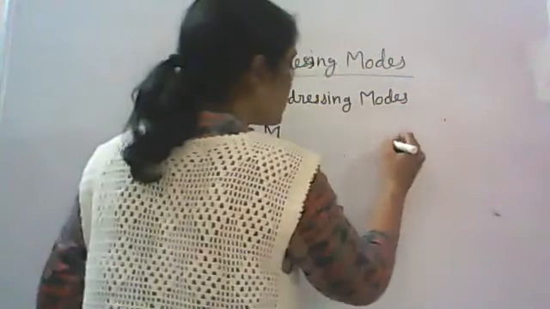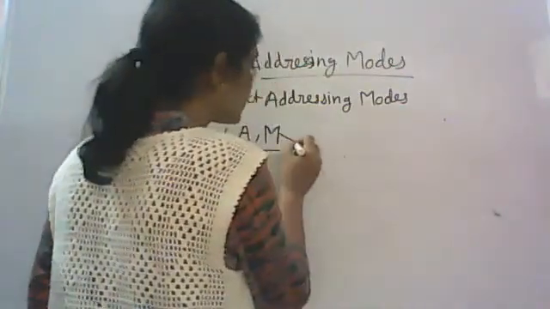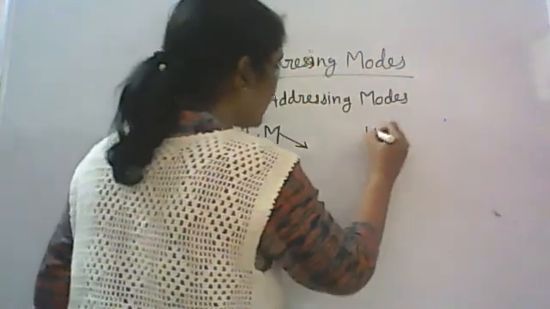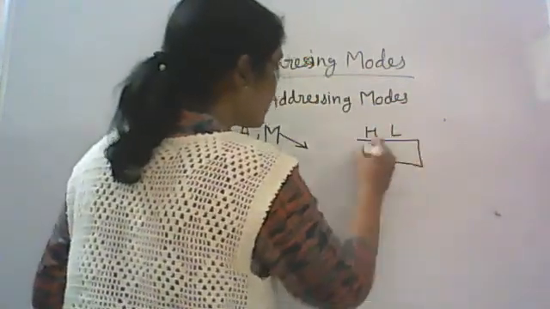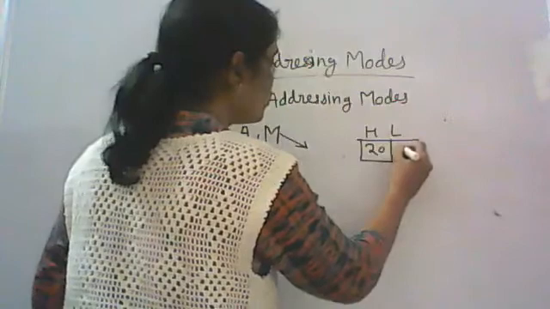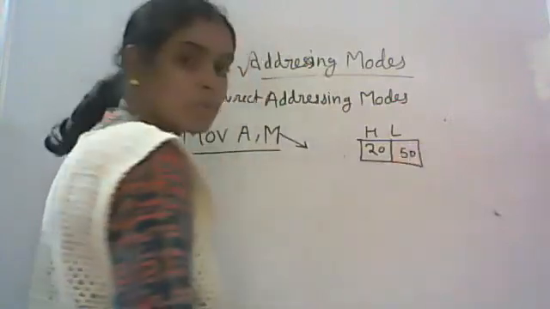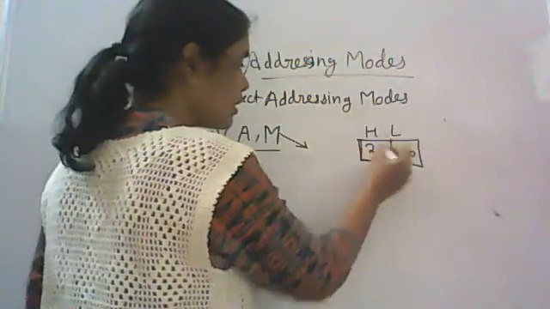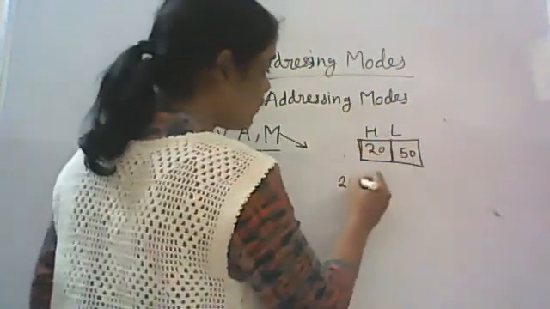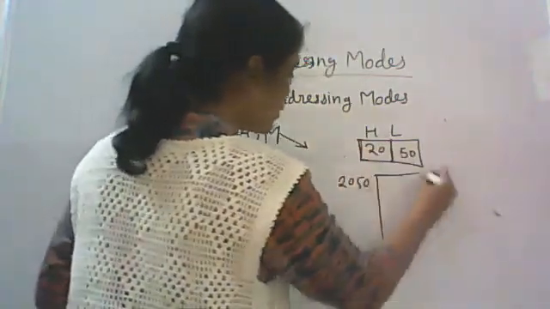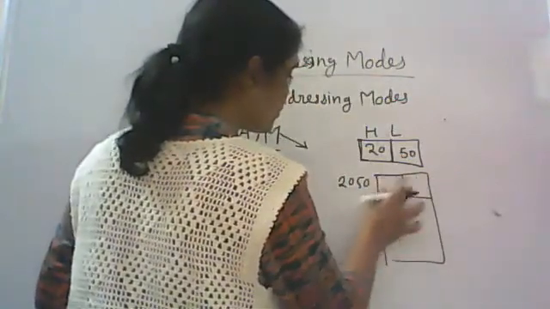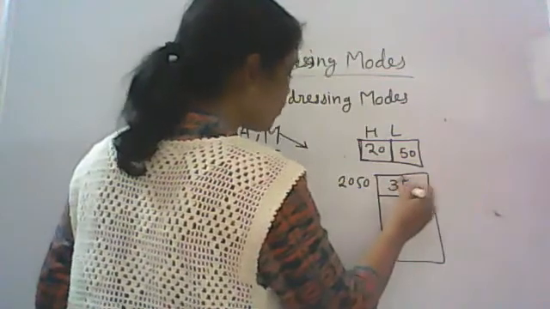Here, the HL register pair contains 2050 hex, and this memory location address is stored in the HL pair. The memory location 2050 hex contains data 35.